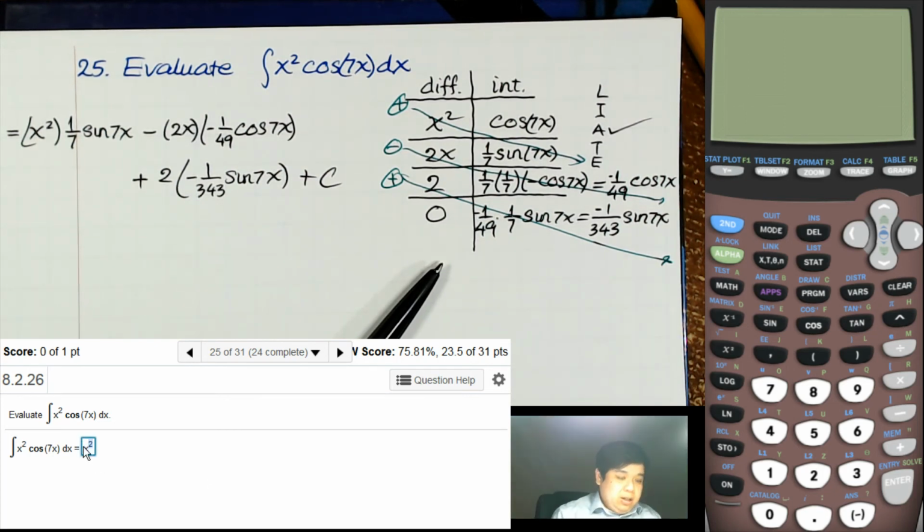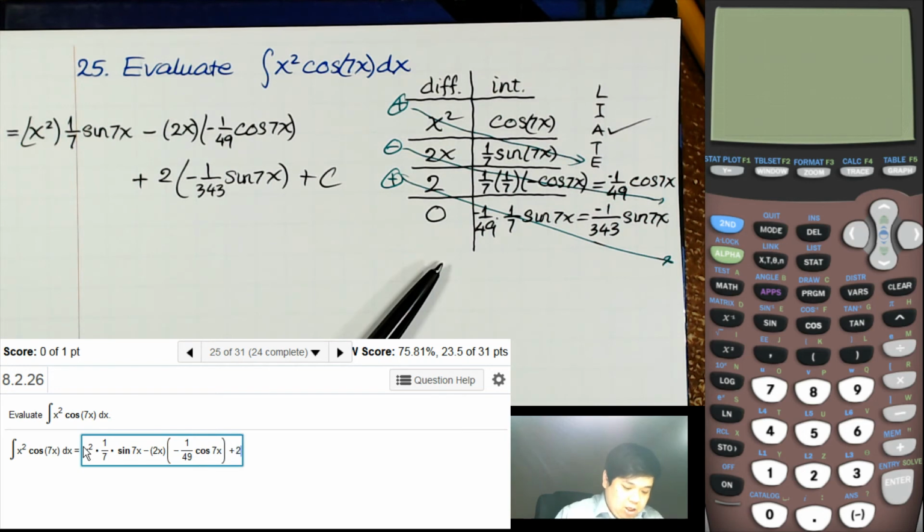x squared times 1 over 7, and just put multiply, which is the asterisk, sine of 7x, minus 2x times minus 1 over 49 cosine of 7x, plus 2 times negative 1 over 343 sine of 7x plus c.